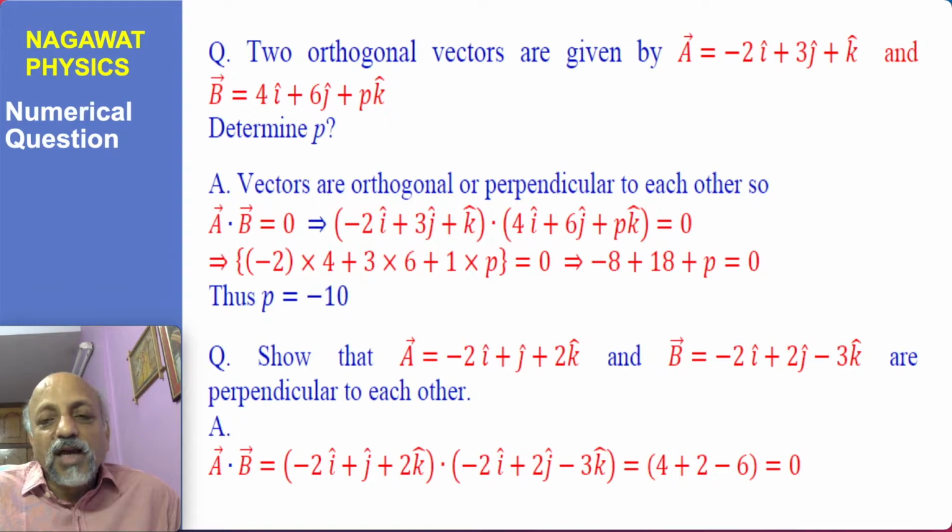And in an alternative manner, you can be given a problem where the vectors are so chosen that they are orthogonal to each other. So here in this question, the two vectors are given which are so chosen that they are perpendicular to each other, and you have to show that they are perpendicular. Very easy exercise. Just determine A dot B and you will find that A dot B equals 0. That definitely proves it, since neither magnitude of A is 0 nor magnitude of B is 0. So one can say if A dot B is 0 and none of the vectors is the 0 or null vector, then definitely the two vectors will be perpendicular to each other.